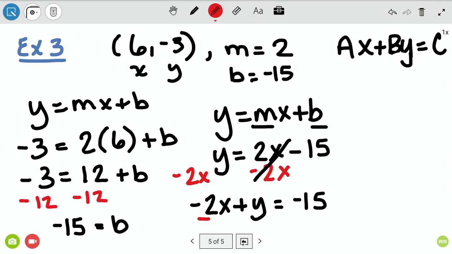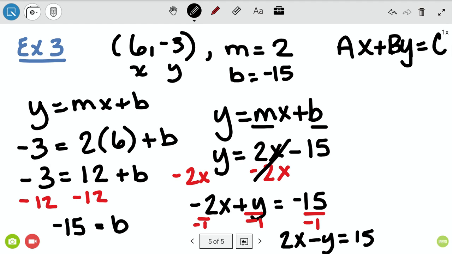Get rid of the negative. So I divide by -1. If I do it to one, I do it all the way across the board. And what that does is it flips the sign of everything. So I end up with 2x minus y, because my plus y goes negative, and then my -15 goes positive. And that is my equation in standard form.